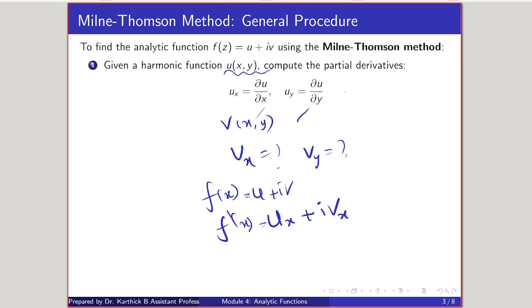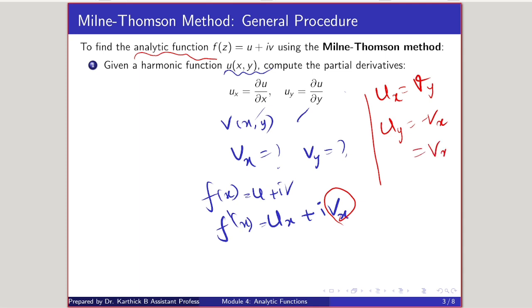If they have given u alone, we will change this. We know that they have already said this is an analytic function. So according to the CR equations, ux equals vy and uy equals minus vx. So vx can be written as minus uy.